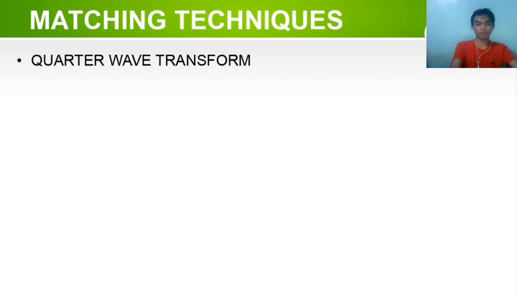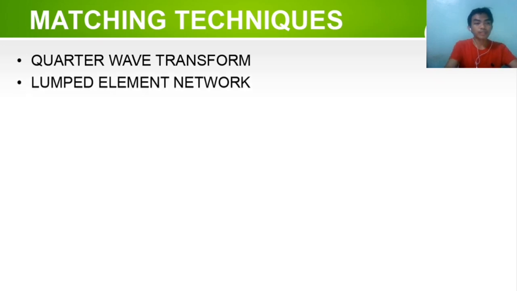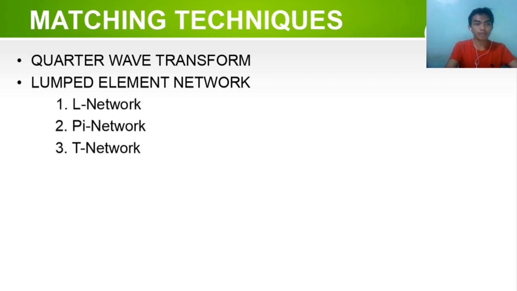For the impedance matching techniques, first we have the quarter wave transformer. Then the lumped element network. There are three types of lumped element networks: the L network, the pi network, and the T network. And also stub matching techniques.